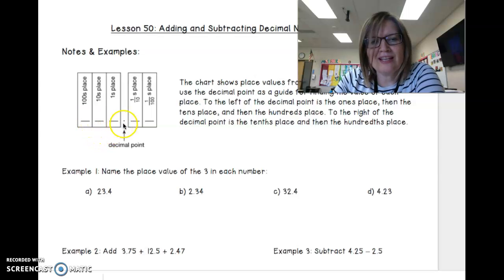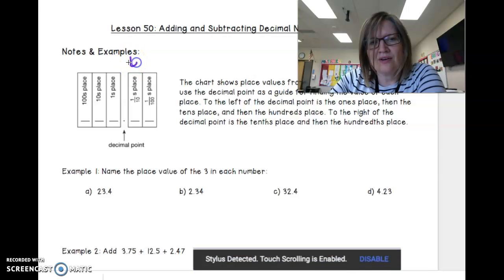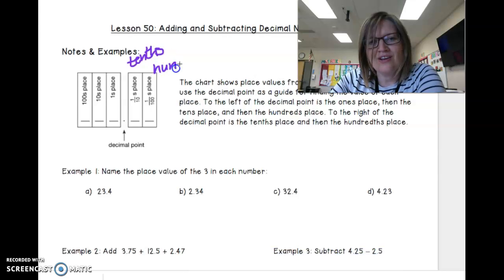Sometimes when we're saying the decimal point, we like to say 5.5, but we need to start looking at it as these are tenths and these are hundredths in this place. These are our tenths, which means that it's a fraction, tenths, and these are our hundredths.